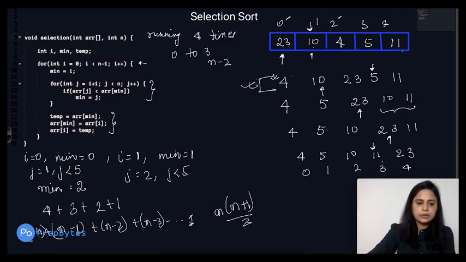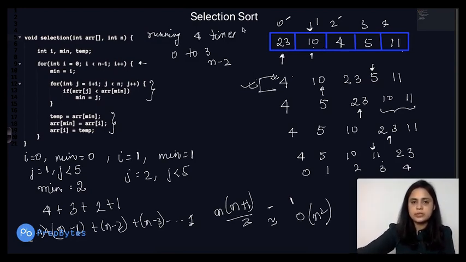If I simply add 1 to this, it is going to be n plus n minus 1 plus n minus 2, and so on, which is n times n plus 1 by 2 minus 1. We can write it in this particular way. So now this is the sum of the n natural numbers, which is approximately O of n square. So in the worst case, the time complexity of selection sort is O of n square.